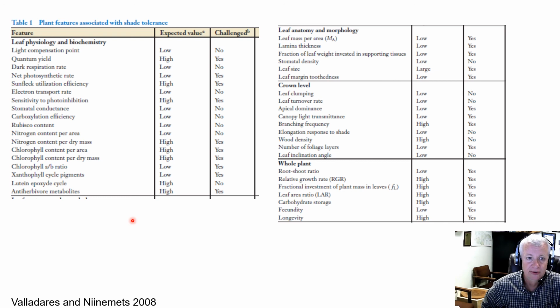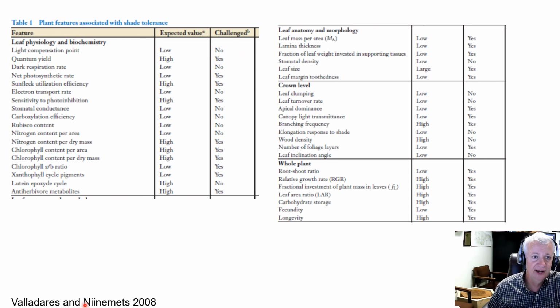And two, we can see examples of, for instance, traits associated with harvest of light for photosynthesis. Most of these are related to those types of traits. So for instance, low respiration rates, we talked about that.